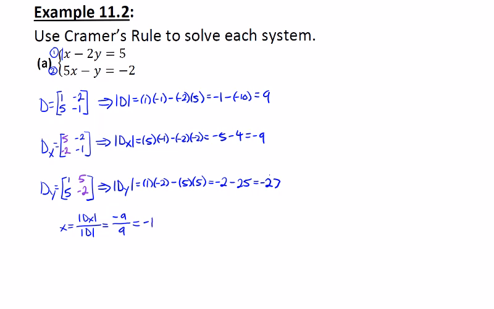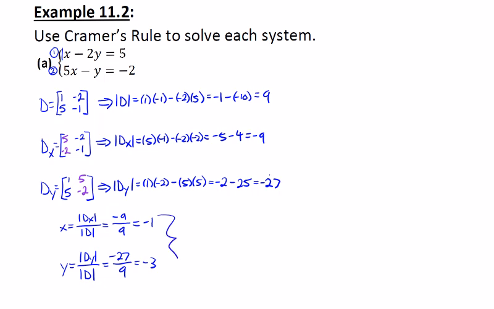Now normally when we find the first value of a variable, we have to do a back substitution step. Here you don't have to do that, although you could if you really wanted to. It's not necessary. What we can do now is just calculate y directly using the ratio, determinant of Dy divided by the determinant of D. So that would be negative 27 divided by positive 9, resulting in negative 3.